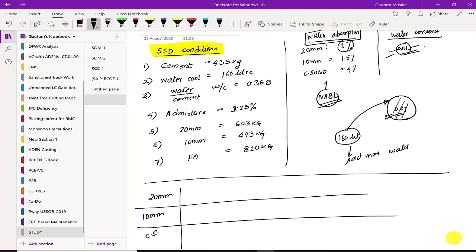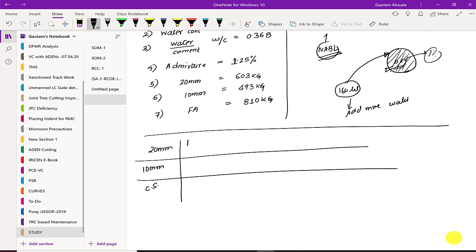That is, it has a capacity of absorbing 1% of water. How much is the water content? It is dry. That means 1% of water I will have to add. 1% of what? Obviously 1% of the weight of that 20 mm aggregate, which is 603 kgs. 1% of 603 comes out to be 6.03 kgs.